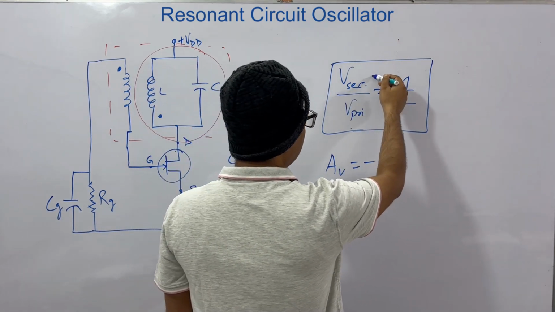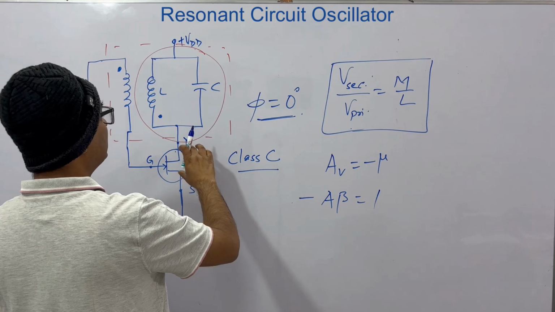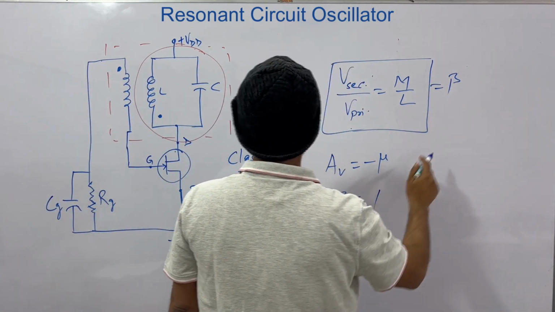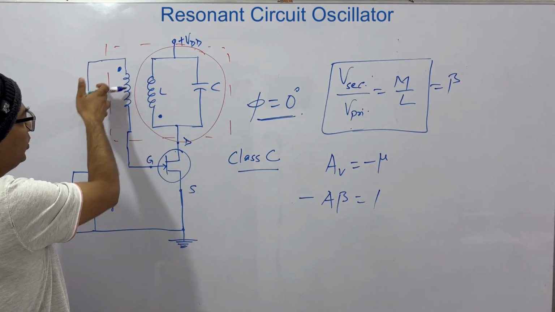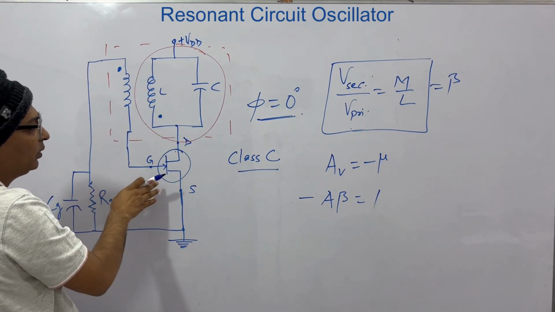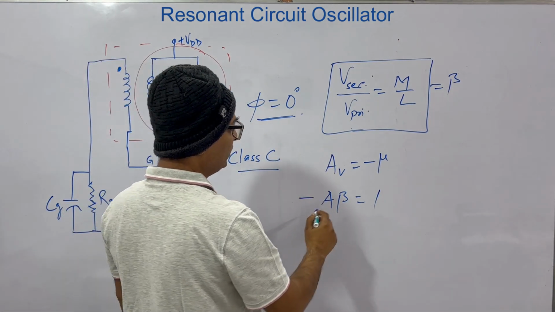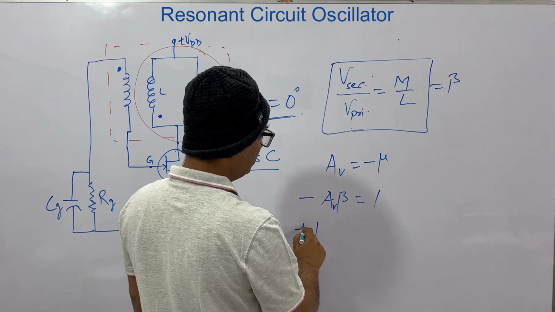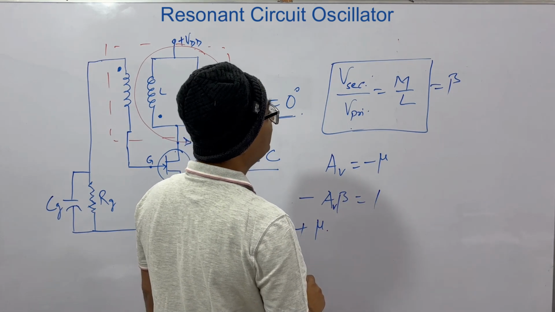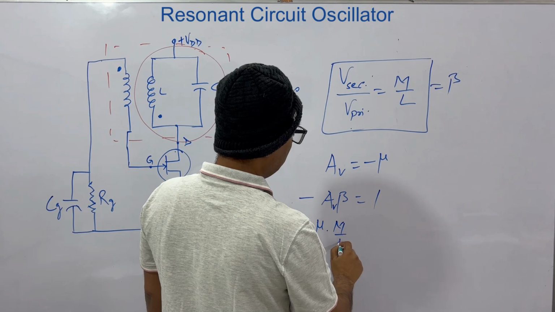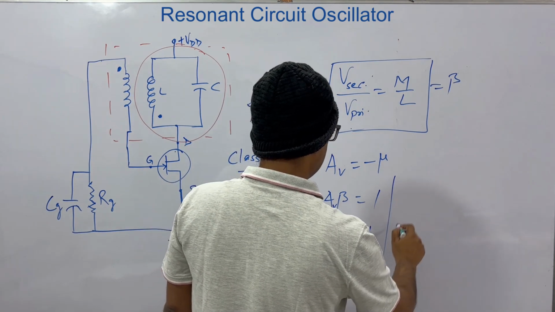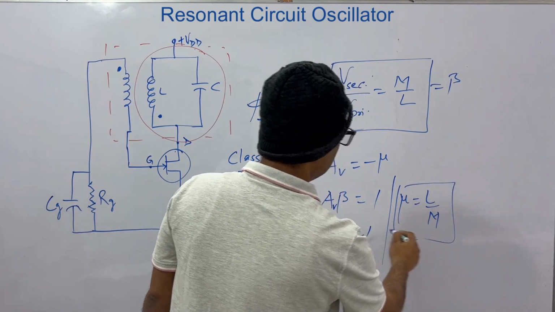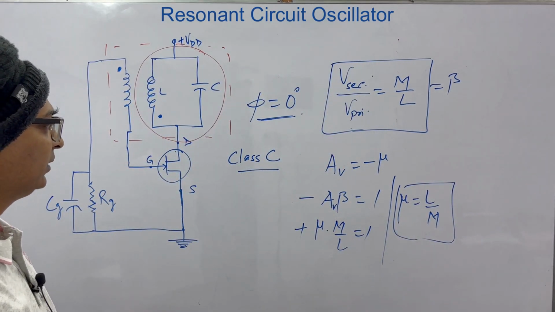Now V secondary by V primary, from output to input, is beta. So this is the feedback network. A is basically AV here, which is minus mu, so it becomes mu, and beta equals M by L, so mu times M by L equals 1. So you get mu equal to L by M. This is the second expression you should keep in mind.